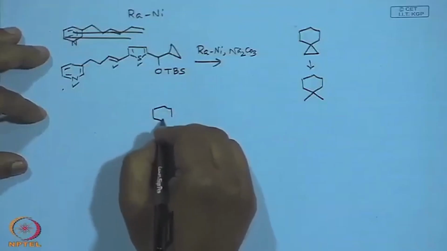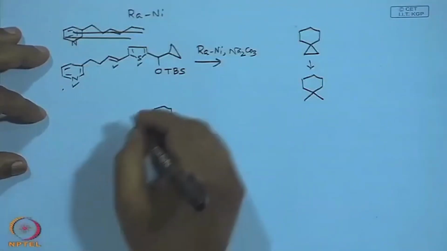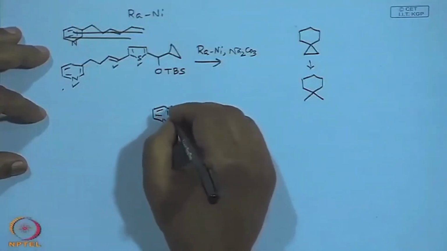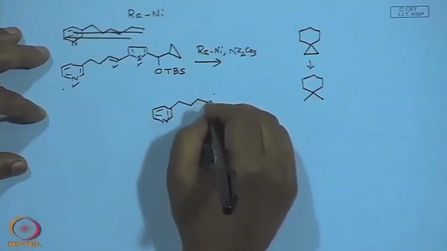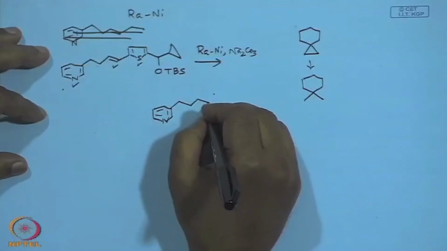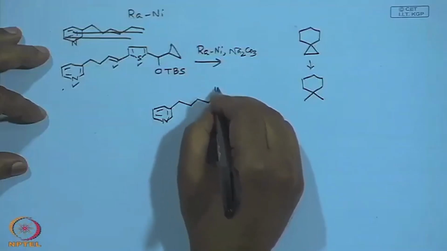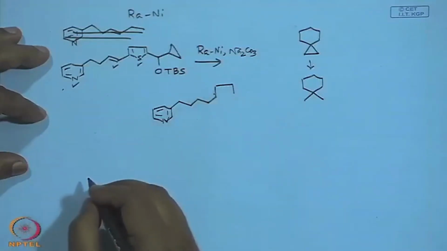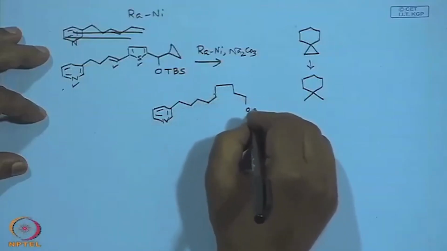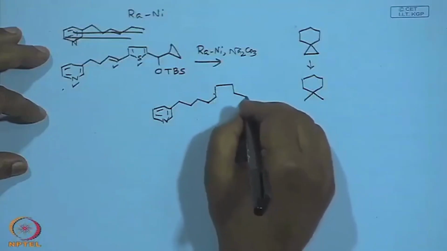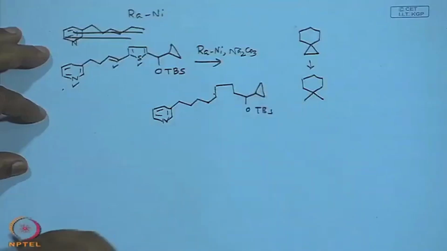That means pyridine is not reduced under the normal conditions, meaning no high temperature. The double bond is reduced, the thiophene double bond is reduced, and TBS remains as it is, and the cyclopropane remains as it is.